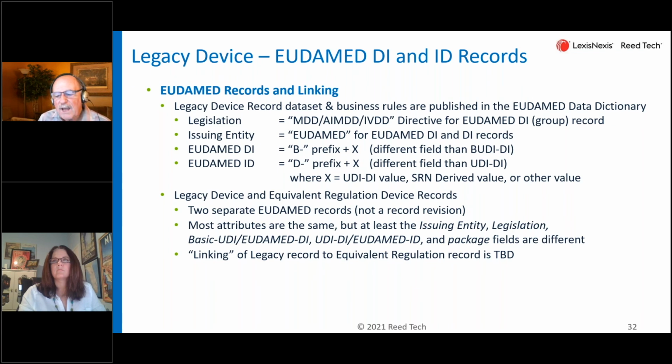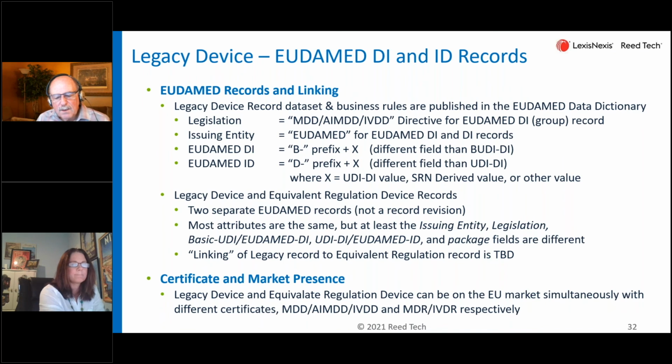And then there is this concept of linking a legacy record to an equivalent regulation record. So there's a field that's set aside in the data set for that particular relationship. We think that a manufacturer will be entering that and building that relationship. There might be some provision for UDI to actually do some automatic linking. So we'll have to see how that fleshes out. We haven't heard the final word from the European Commission on that.